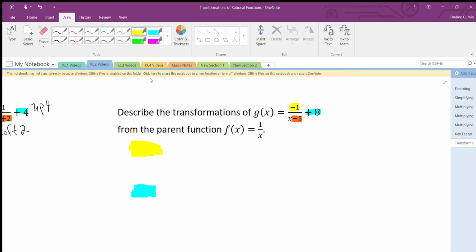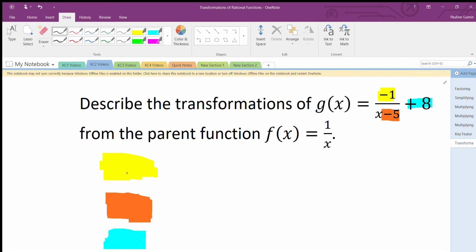Where's my orange? Just prepping my color codes. Okie dokie. So the negative up top is a reflection over the x-axis.